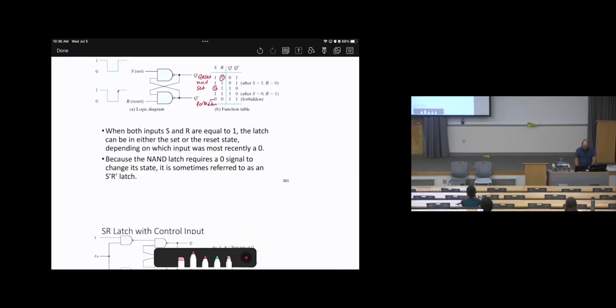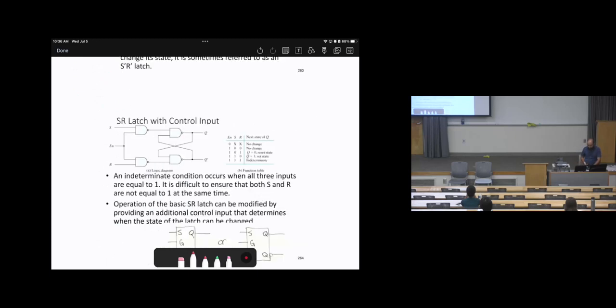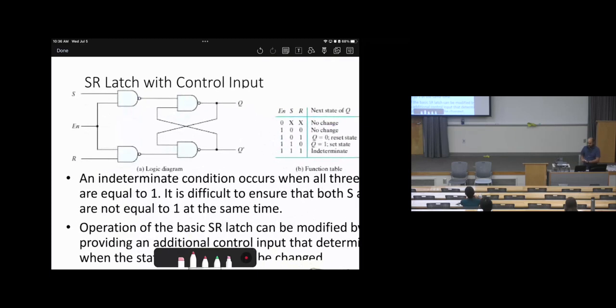Now, there is a modification on the SR latch by adding a control unit or adding an enable button, sometimes called gate. So sometimes we call it EN, sometimes we can call it G, EN or G. What's the reason we need to add an enable button?